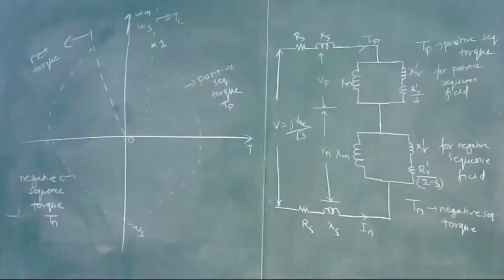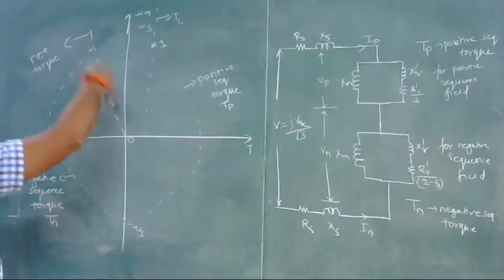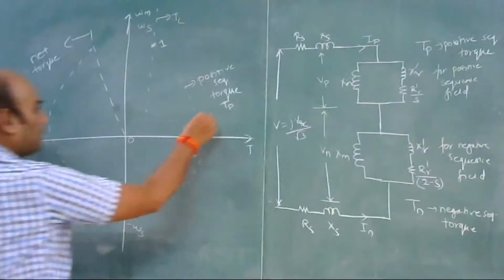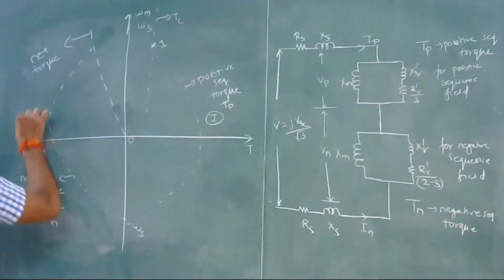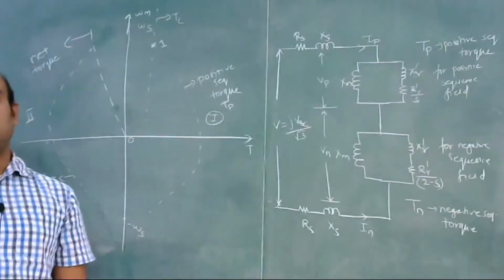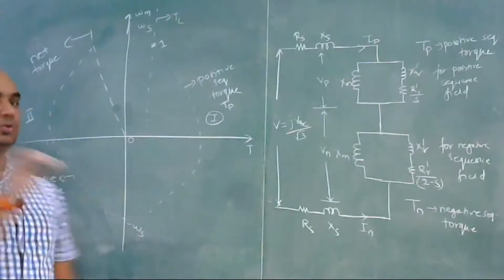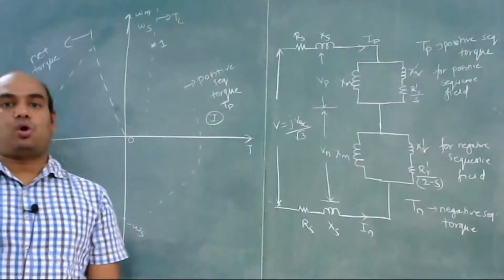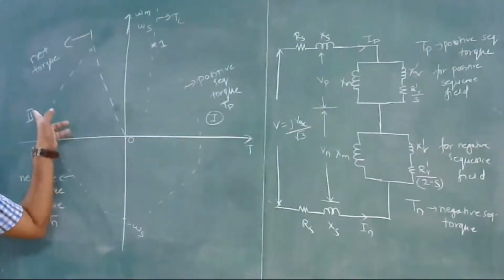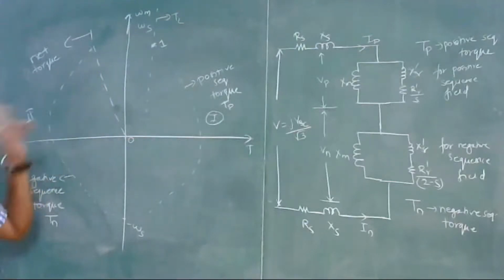If we choose a resistance which is not large enough and the net torque lies in the first quadrant, there will be no braking. So we have to ensure that sufficient resistance is inserted in the rotor side with the help of the slip ring, so that the net torque characteristic lies in the second quadrant, that is in the braking region.